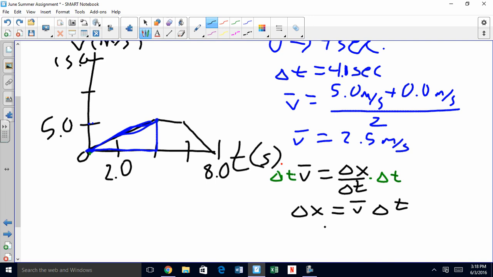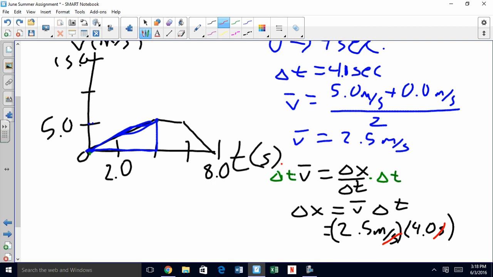And I found both of those values on the graph already. I really should have done that before I did anything else, but that's all right. So v bar we said is 2.5 meters per second, and delta t is 4.0 seconds. If we look at the units, the seconds would cancel because one's in the numerator and one's in the denominator, just like converting units.